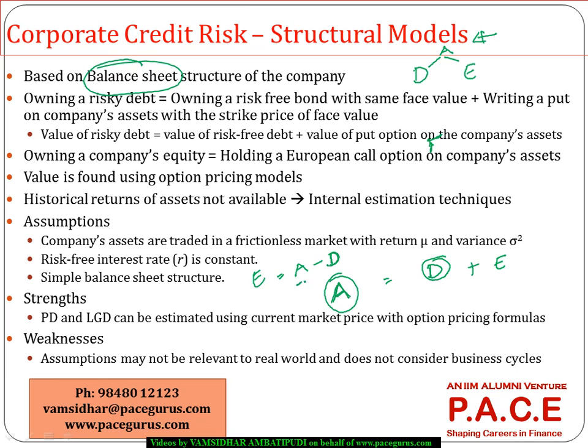It might so happen that the market value of the assets of the company may be higher than the value of the debt or may be lower than the value of the debt.